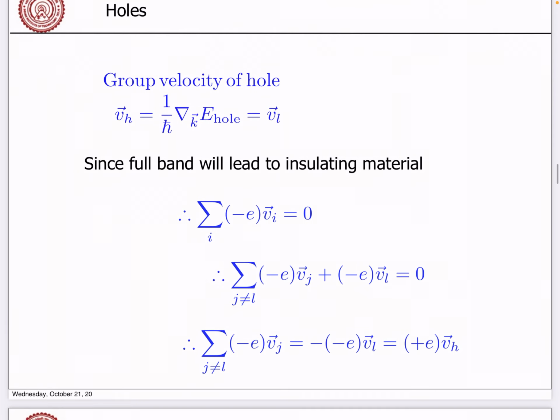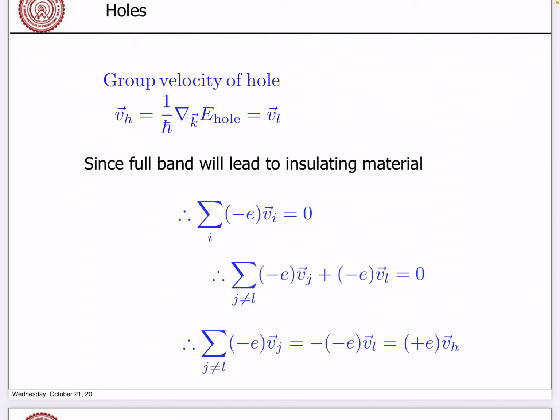So this is about the velocity. Now let us consider this. We find out about the charge, right? Now, since a full band will lead to an insulating material, you understand that, right? We have discussed that if the band is completely filled, and if you apply an electric potential, you energize the electrons. If the band is filled, there are no states available for the electrons to move to, right?